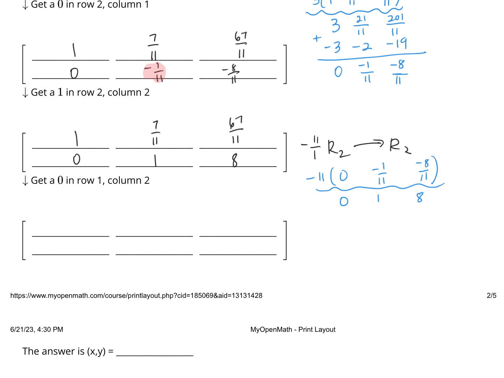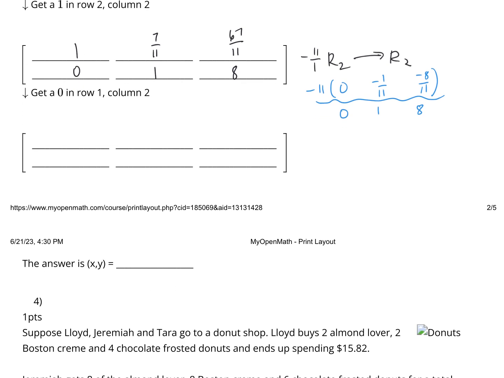All right, getting closer. Now the next step, it says get a 0 in row 1, column 2. So that's right here. We want that to be 0. Whenever we're getting a 0, we're going to multiply by the row that has the 1. So we're going to be multiplying row 2 by the opposite of whatever is in row 1. So that would be negative 7/11.